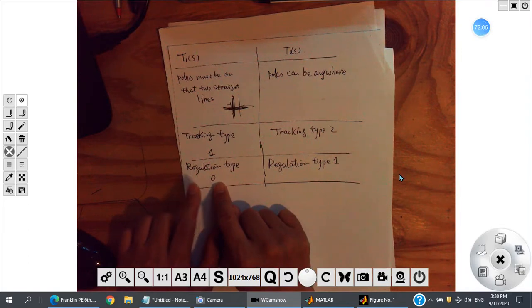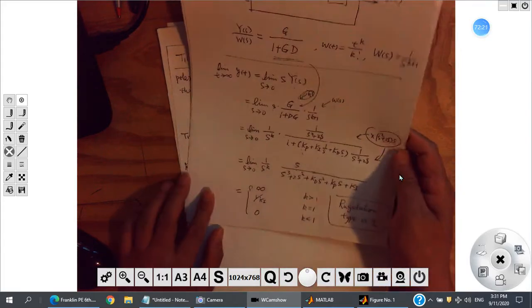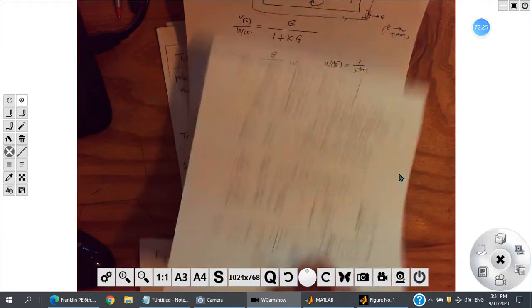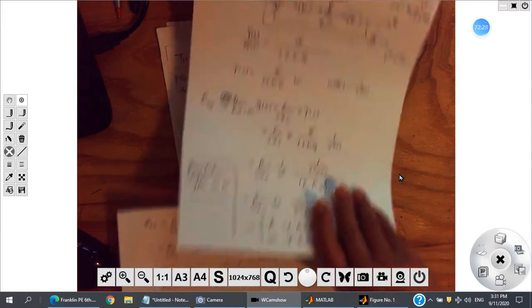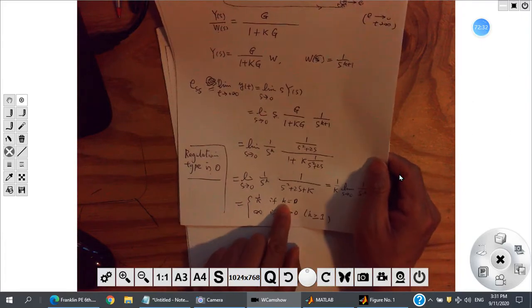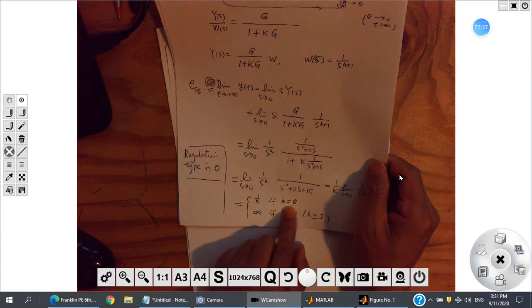For T1, the regulation type is 0. That means if the input side has some noise, even a constant noise, the output side still has some noise. Regulation 0 for T1. So if the input is t to the k with k equal to 0, that means the input is a constant, a unit step.